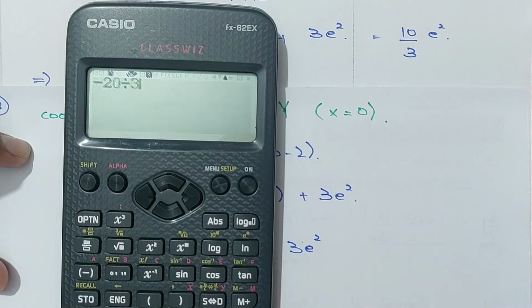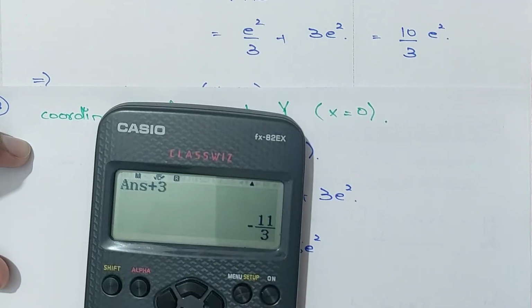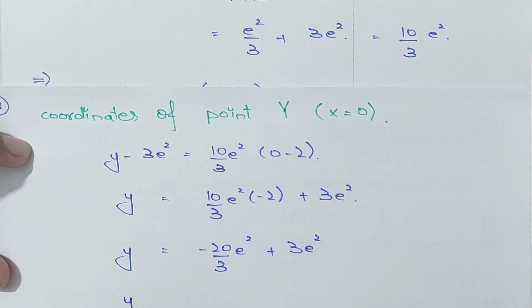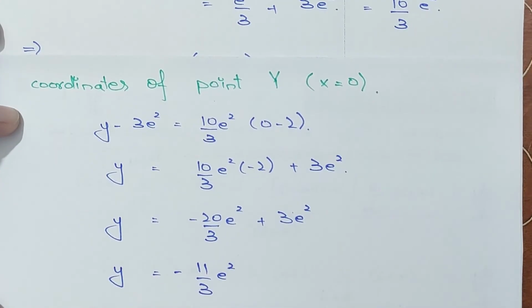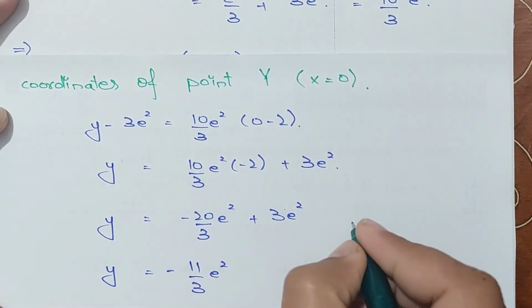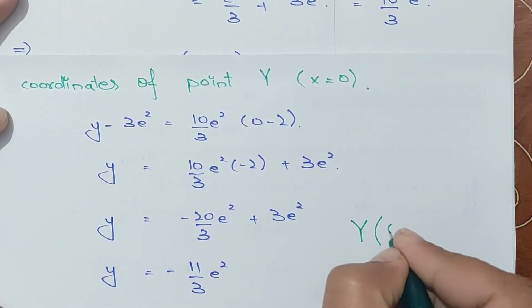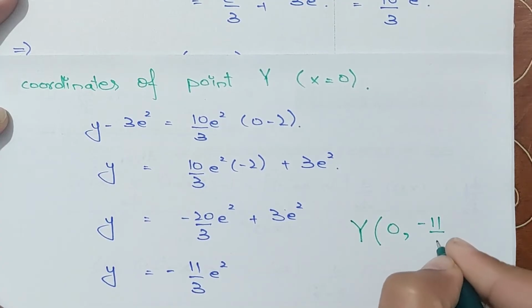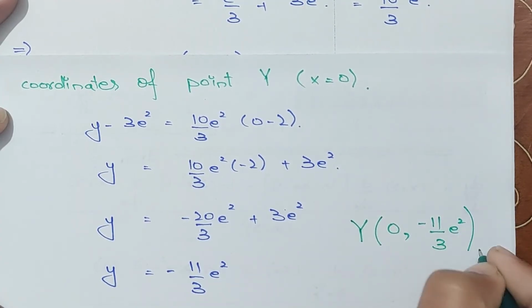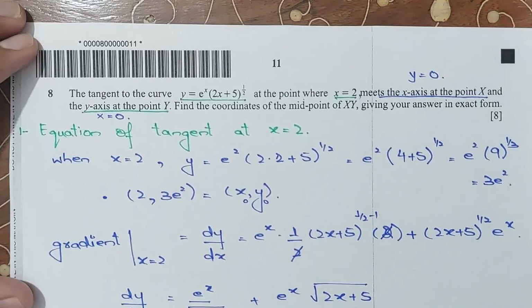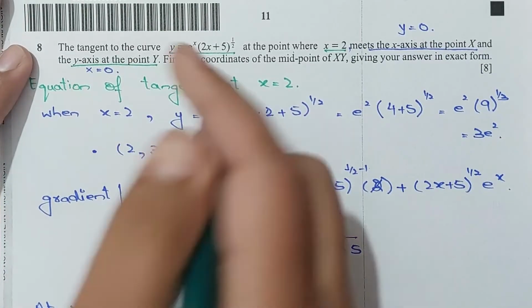Minus 20 over 3 plus 3 is minus 11 over 3, with the negative sign. So here y is minus 11 over 3e squared. So the coordinates for point Y are x is 0 and y is minus 11 over 3e squared.